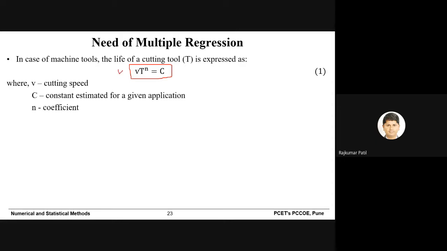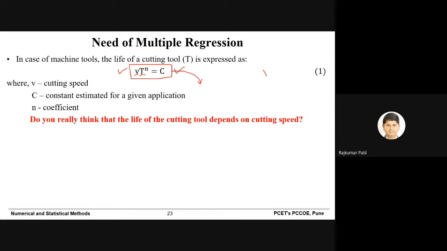When you look at this equation, you can easily guess that, sir, this is an exponential type of equation, and if we take the logarithm on both sides and simplify, you can convert this non-linear equation to a linear equation, Y = a + bx. And if the data is available with the cutting speed and the corresponding tool life, you can easily find out the life of the cutting tool for different cutting speeds.